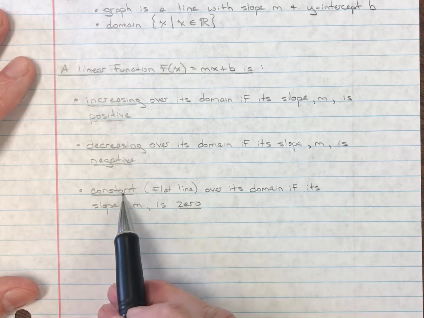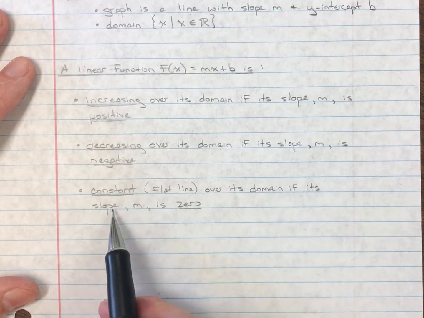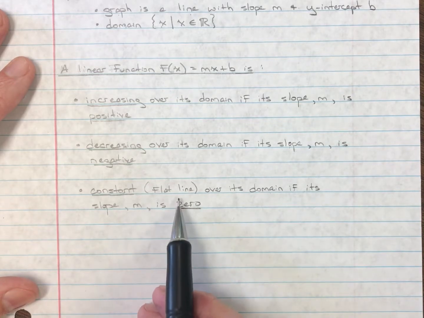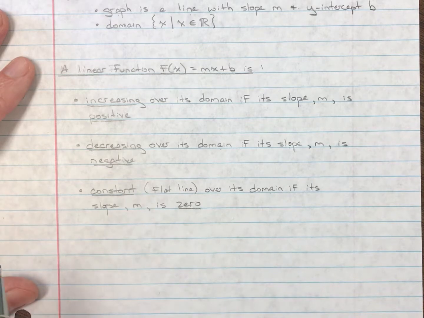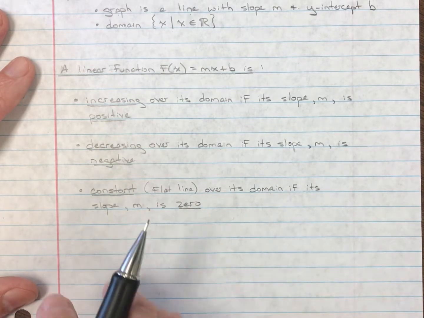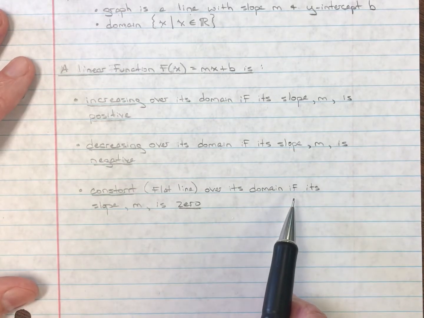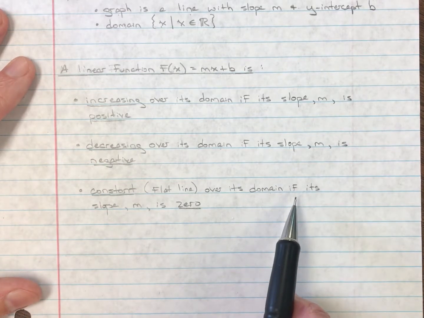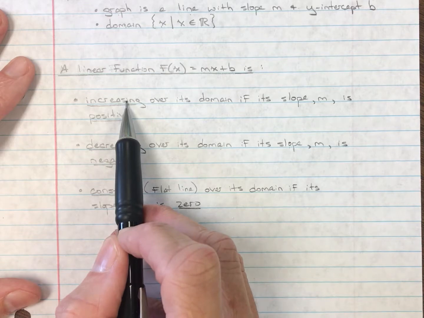And if the line is flat, we have a constant function. So it's constant over its domain if the slope is 0. We have a flat line. So a linear function is constant over its domain with a slope of 0. This should all look super familiar because it's exactly what you would expect after all the work you've done with lines beforehand. Positive slope, the line is increasing.